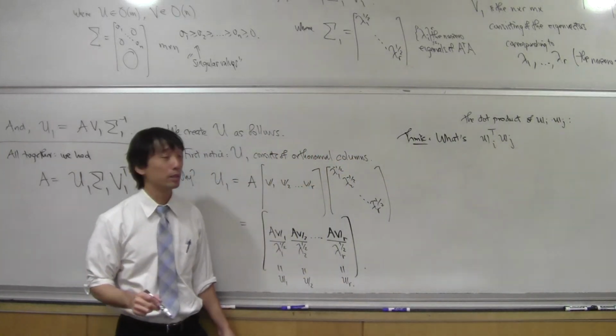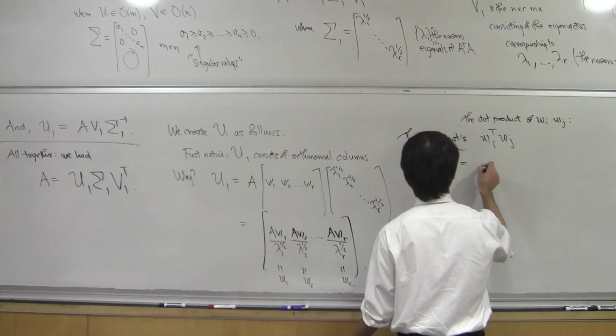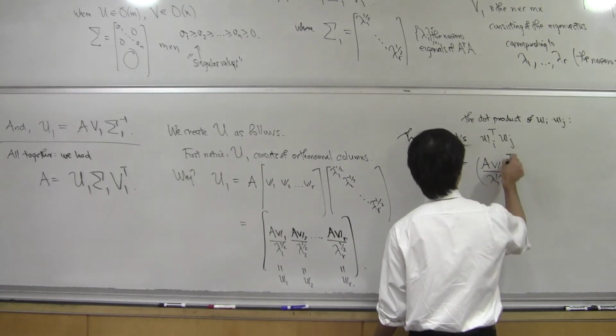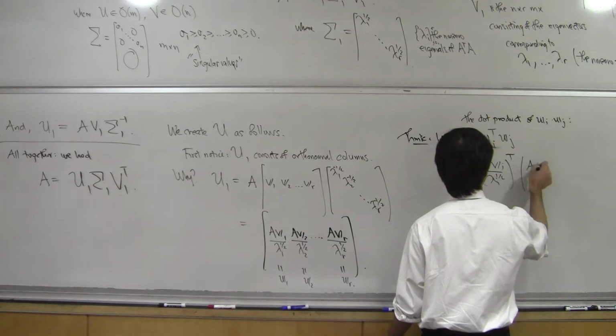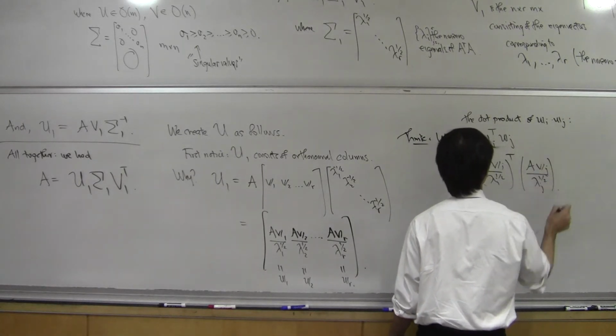What is that? Well, by definition, it's going to be A Vi over lambda i to the 1/2, transpose, times A Vj over lambda j to the 1/2.